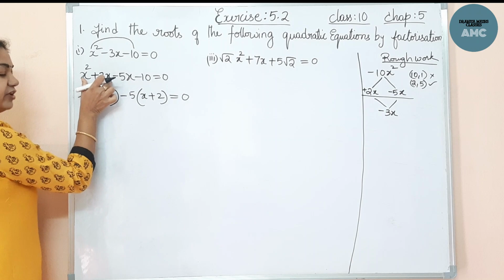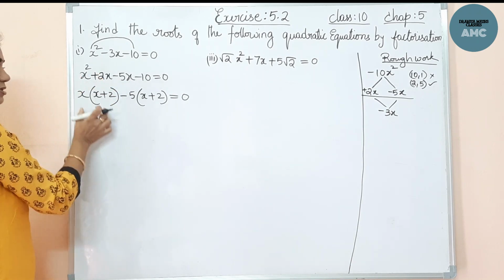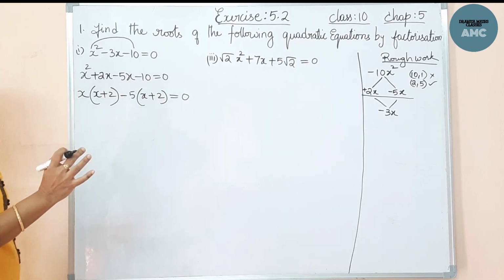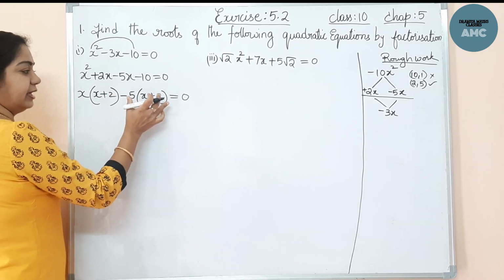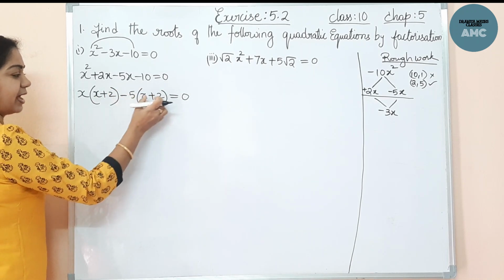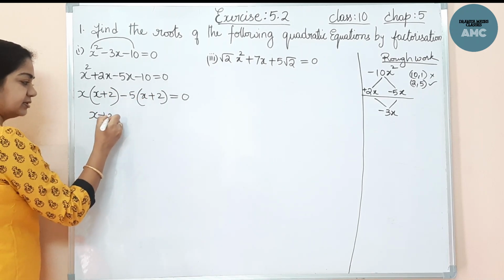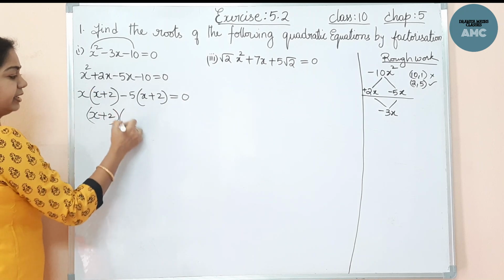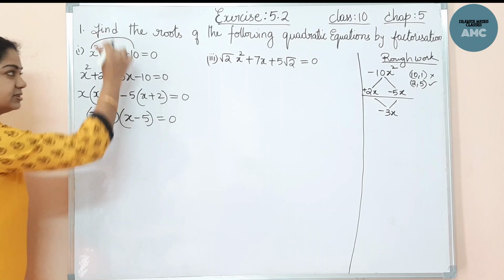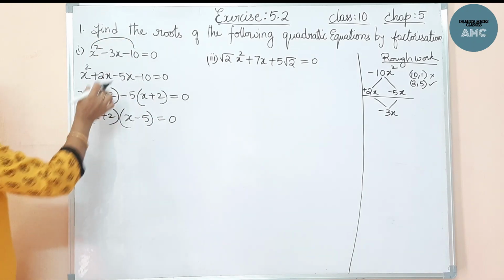What I did is take a common thing in these 2 terms, and again a common thing in these 2 terms. Now we have only 2 terms. In these 2 terms, the common is the one in the bracket, so I will take it out, and the remaining is x minus 5. Right, this is the way of factorization of the middle term.